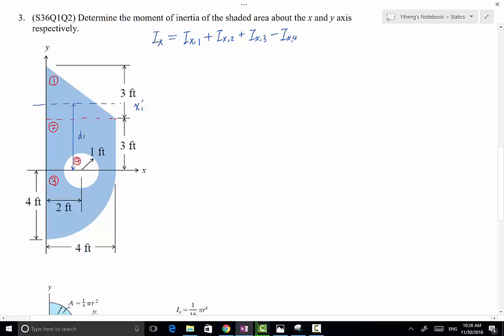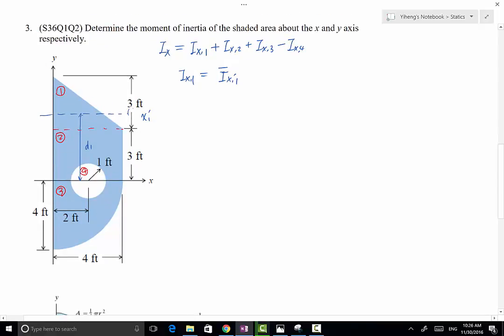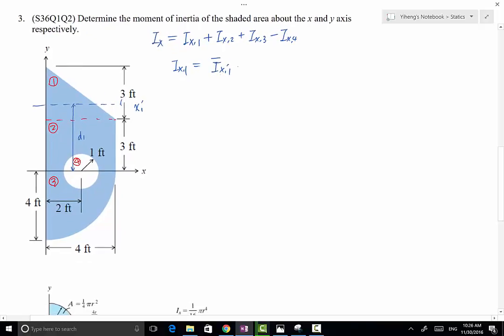Therefore, if we can find Ix1 prime bar, which is the area moment of inertia of our first component triangular shape with respect to its own centroidal axis, then we can use the parallel axis theorem. So add A1, the total area of this triangular shape, multiplied by d1 squared, which is the perpendicular distance between this centroidal axis and the target x-axis. And then we can do the same thing and eventually add everything together.